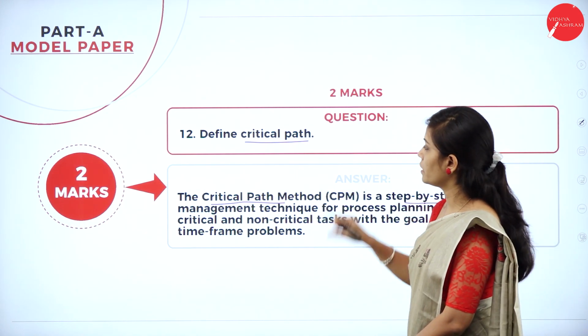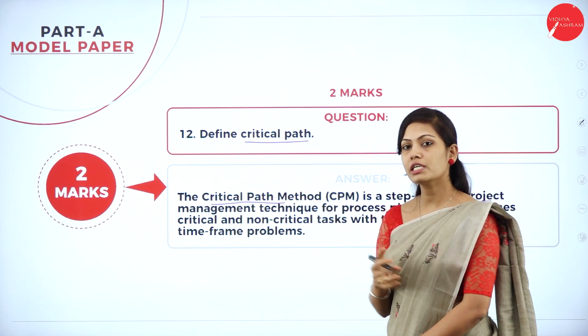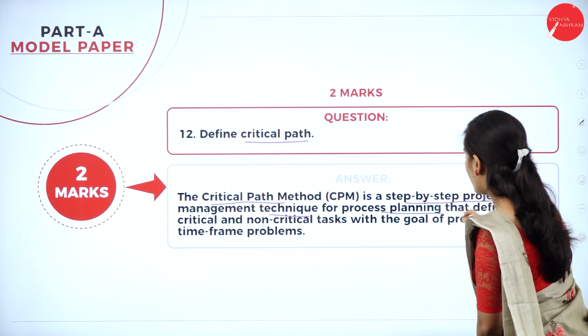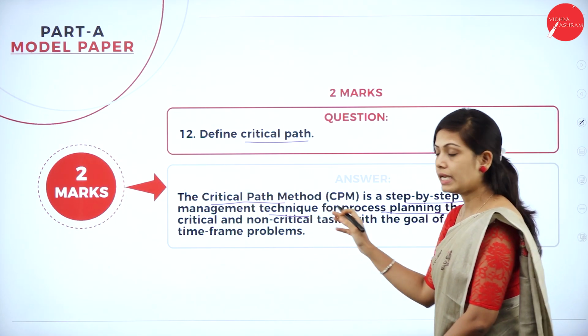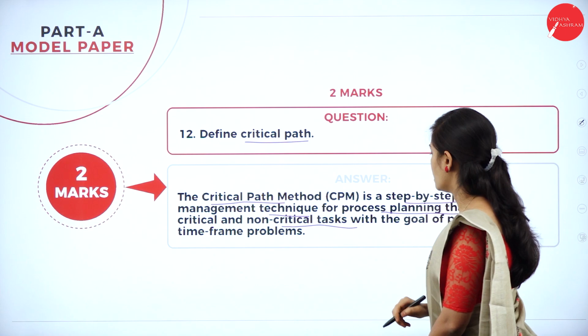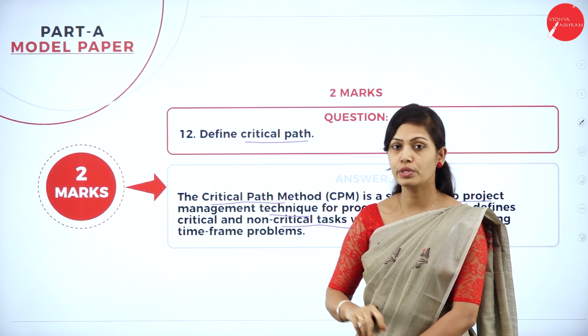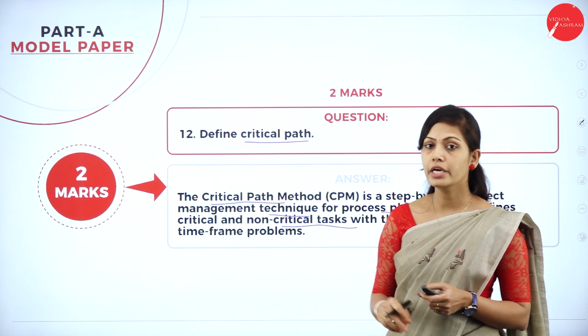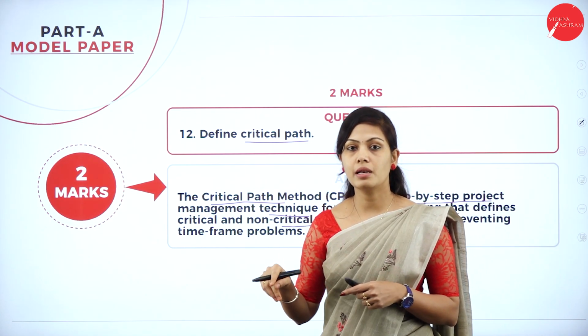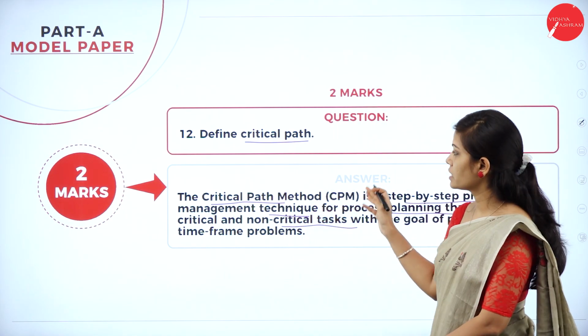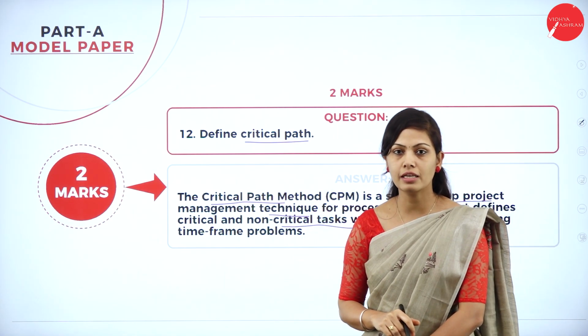So what is this CPM and PERT concept? It is a project management technique for process planning that defines critical and non-critical tasks with the goal of preventing time frame problems. With the help of the critical path, we can analyze the path from source to destination. So in network analysis, we are studying this concept called critical path.